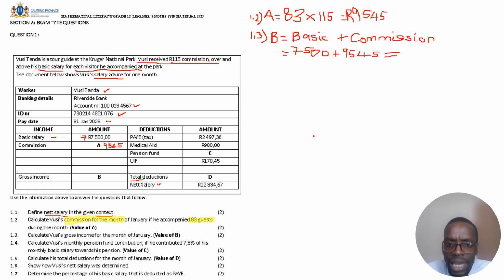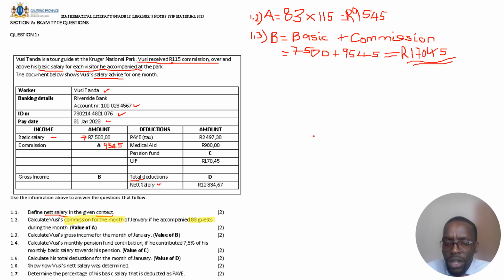Okay, so if you then add this 7,500 and this 9,545, you are going to find that your answer becomes 17,045 according to my calculator here. So this one becomes your answer.